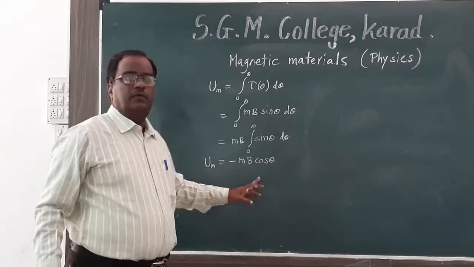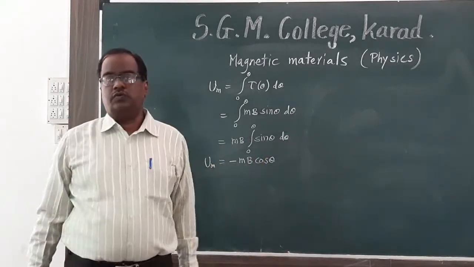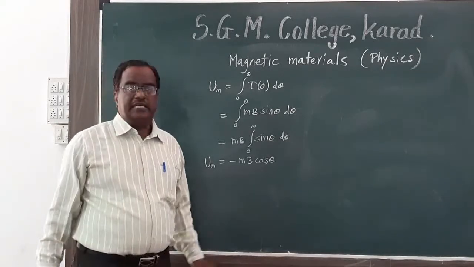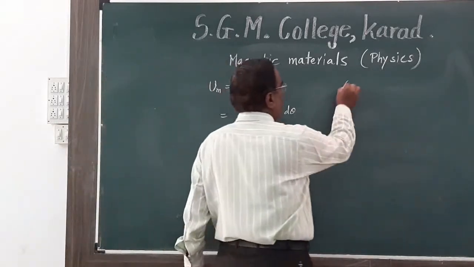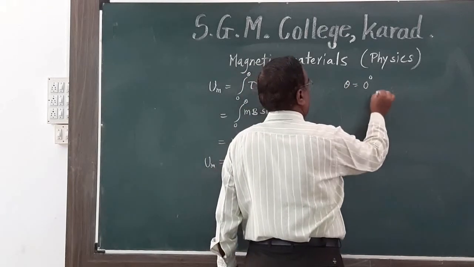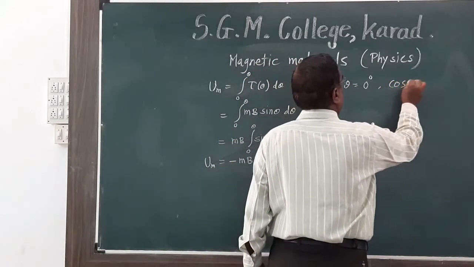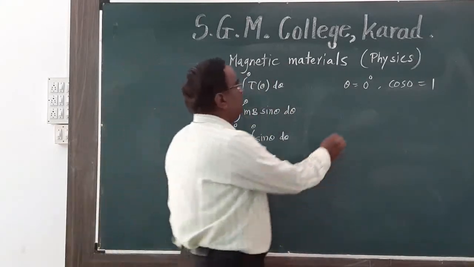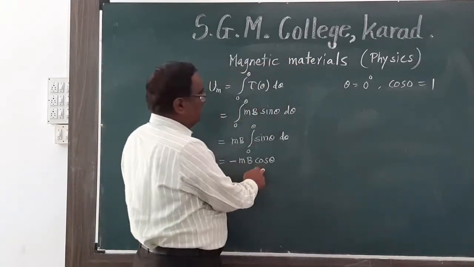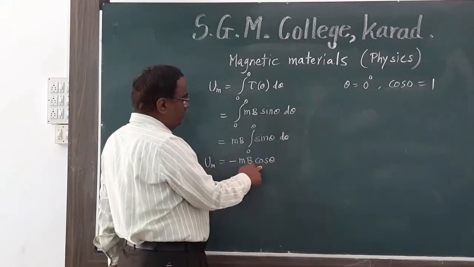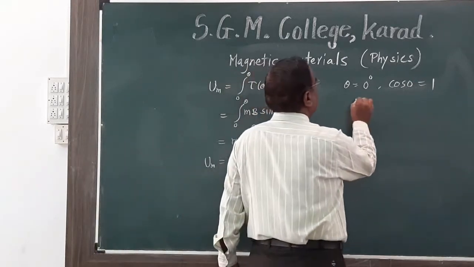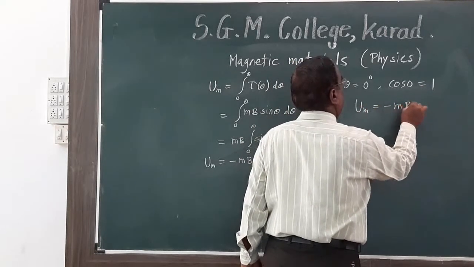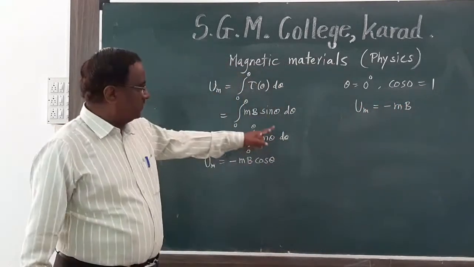Now, when theta is equal to 0 degree, we know that cos 0 is equal to 1. If we substitute this value in this formula, we get U_m is equal to minus MB.